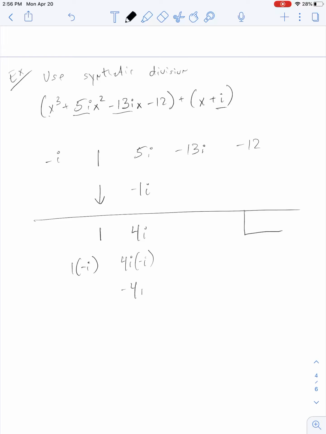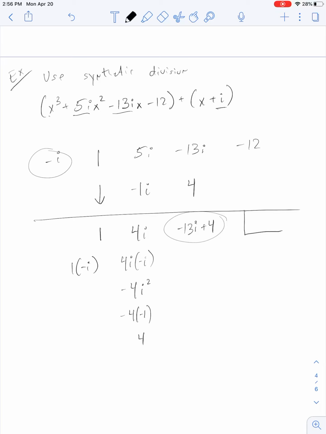It's negative 4i squared, or in other words, negative 4 times negative 1, which gives us a 4. Multiply. I'm sorry, take that back. That 4 goes right up here. All right, add negative 13i plus 4. They're unlike, so we can't do anything else.